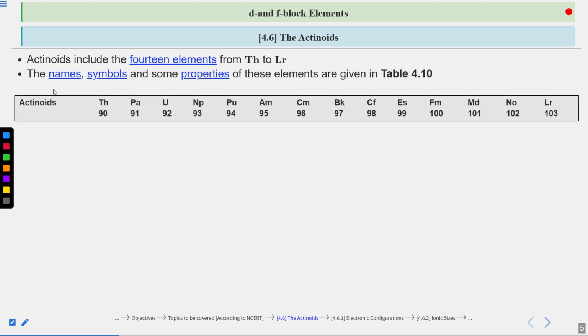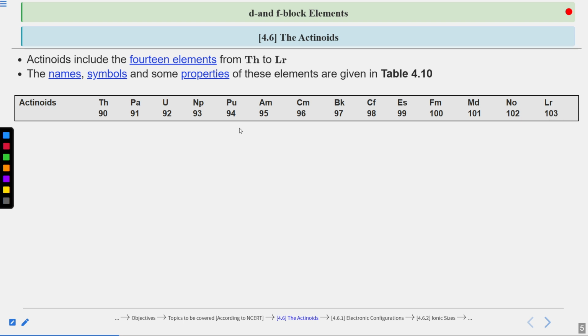According to this table, the actinoids are present from thorium to lawrencium. So thorium, protactinium, uranium, neptunium, plutonium, americium, curium, berkelium, californium, einsteinium, fermium, mendelevium, nobelium, and lawrencium, from atomic number 90 to 103.